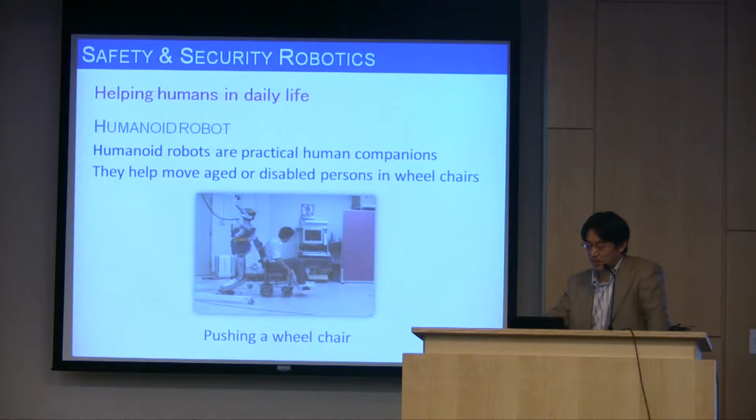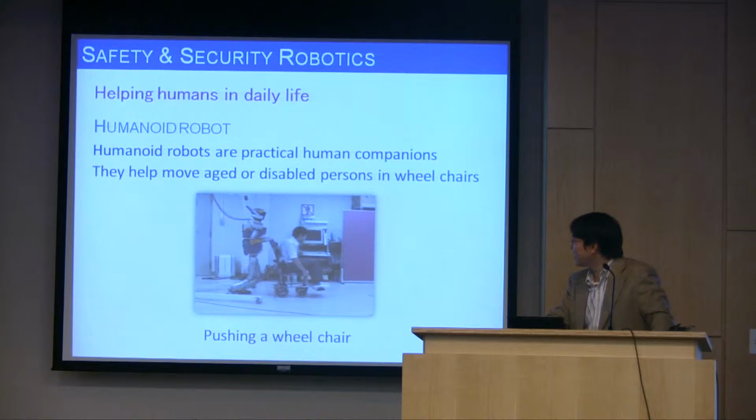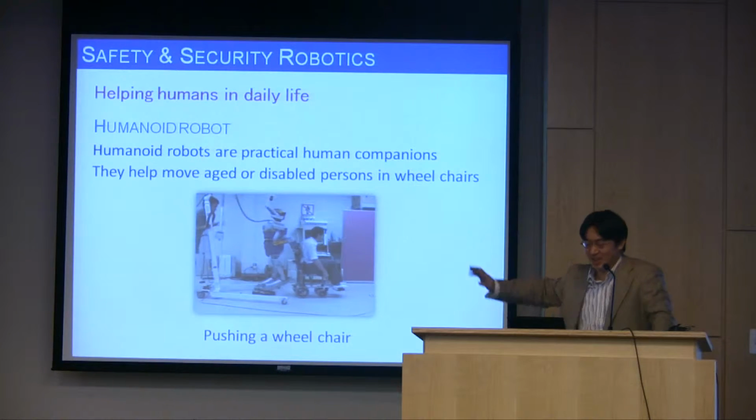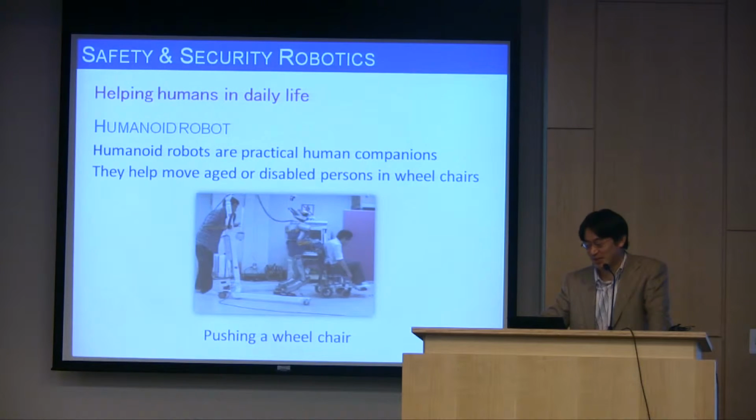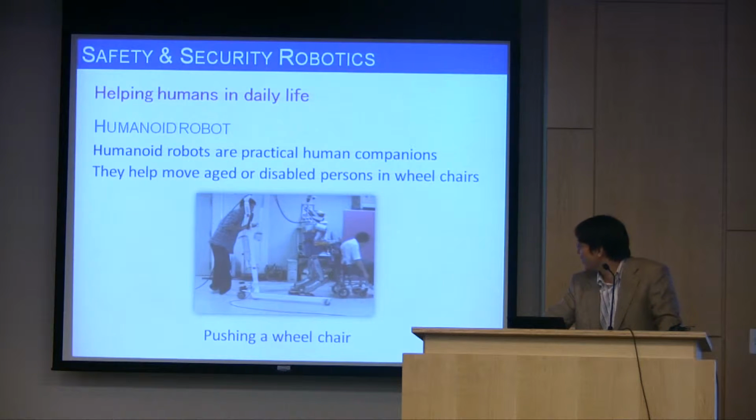This motion was made by the researcher, but he was surprised when the robot suddenly moved in. But now we want to make these helping motions safe and feel safe for humans, so we are trying to develop these motions.